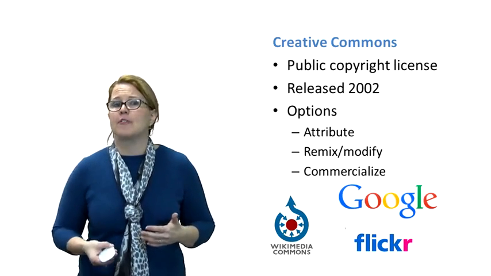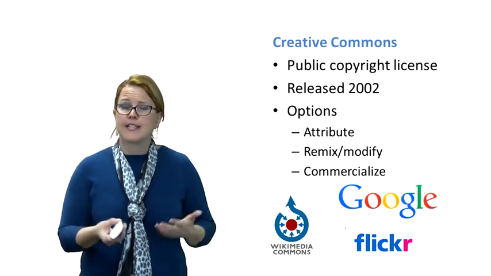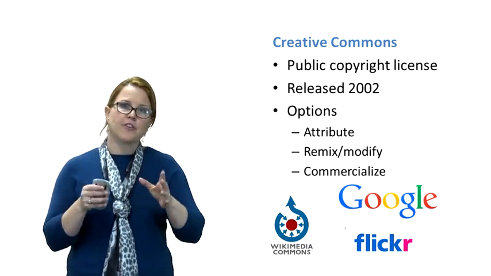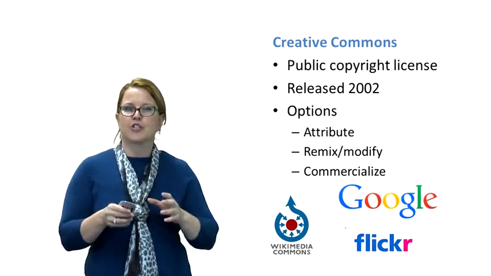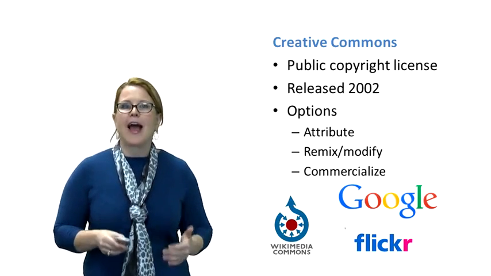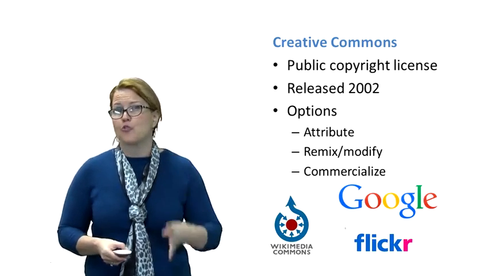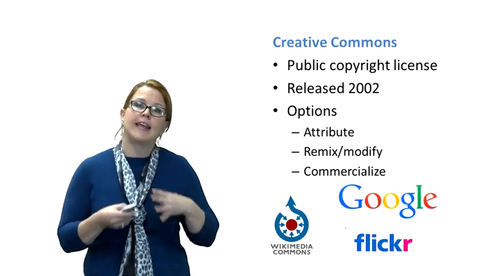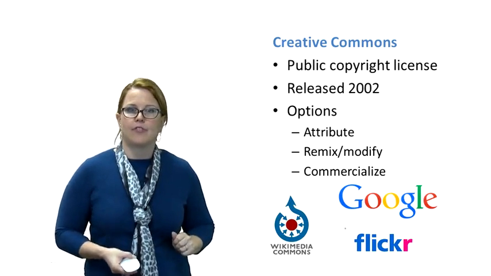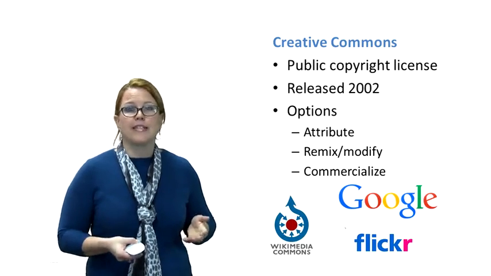Now, Creative Commons came out in 2002, and it's evolved to have options. And there's different combinations of licensing that you can have in Creative Commons. But basically, the licensing addresses 3 different kinds of options that any individual item can have. One, it's whether or not you need to attribute.